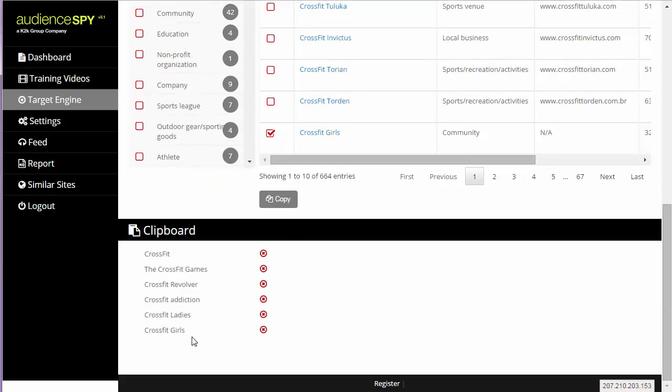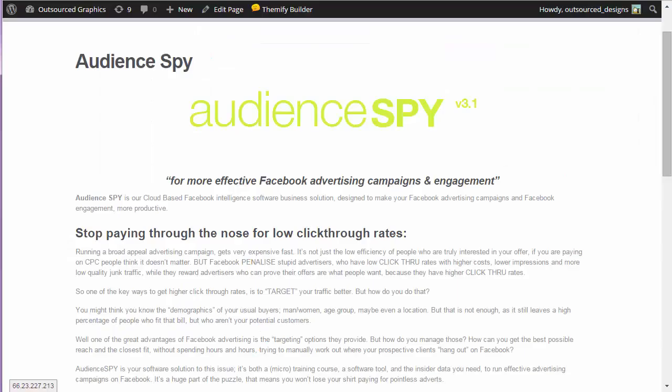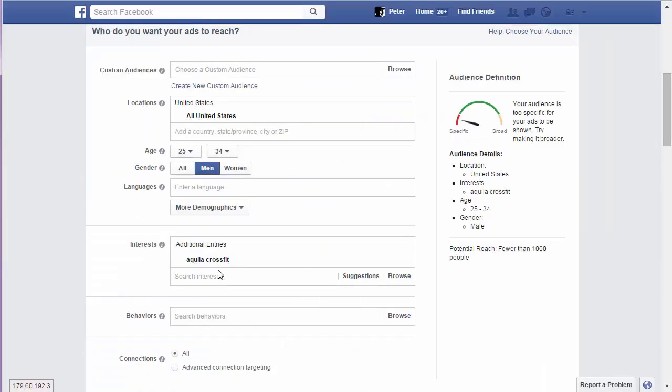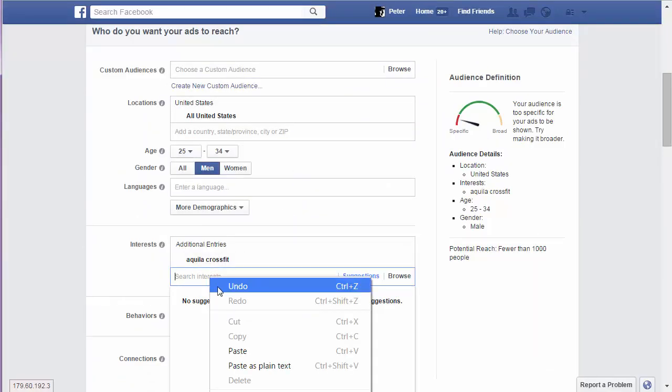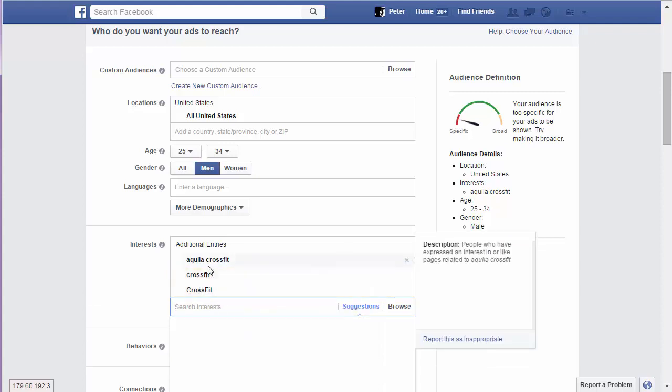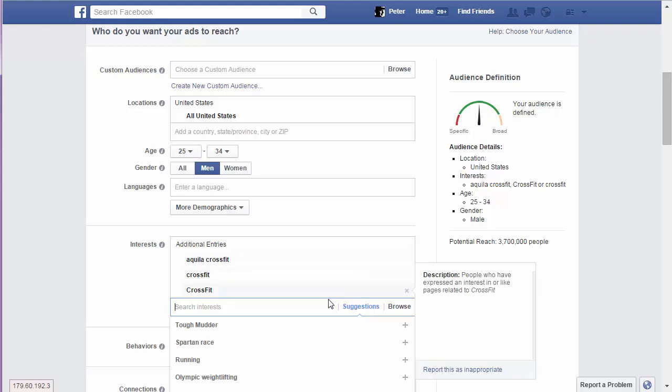Now this list of pages, it's in the clipboard at the moment. We can go to Facebook page, just paste them in. They may not all be there, so those two weren't the real figures.